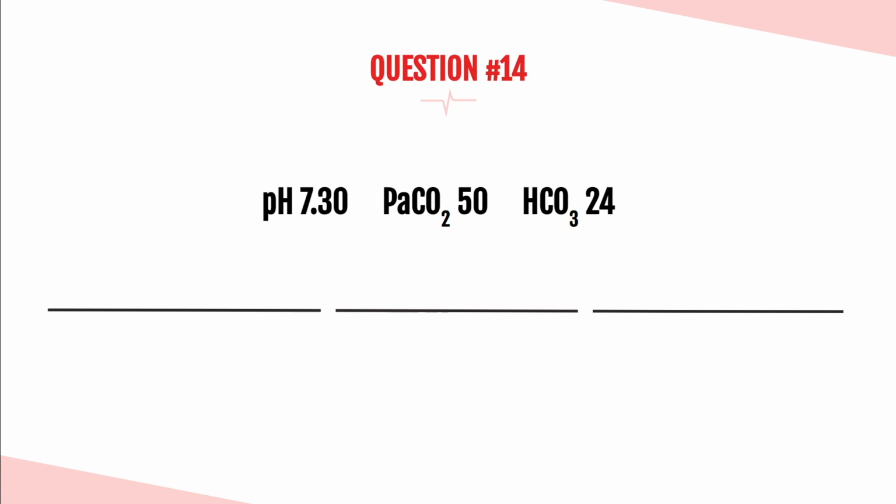Question number 14. We've got a pH of 7.30, a PaCO2 of 50, and an HCO3 of 24. Compensated or uncompensated? We're uncompensated because we have an abnormal pH. Acidic or alkaline?